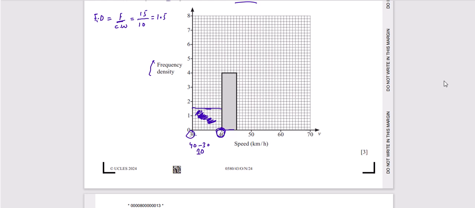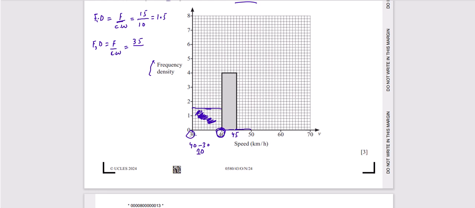Here this is the value of 45. FD is equal to frequency over class width. The frequency of the third interval is 35 divided with class width.